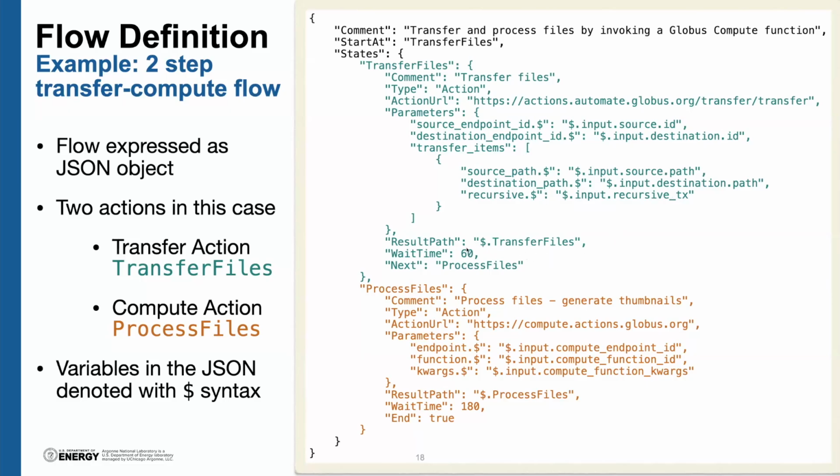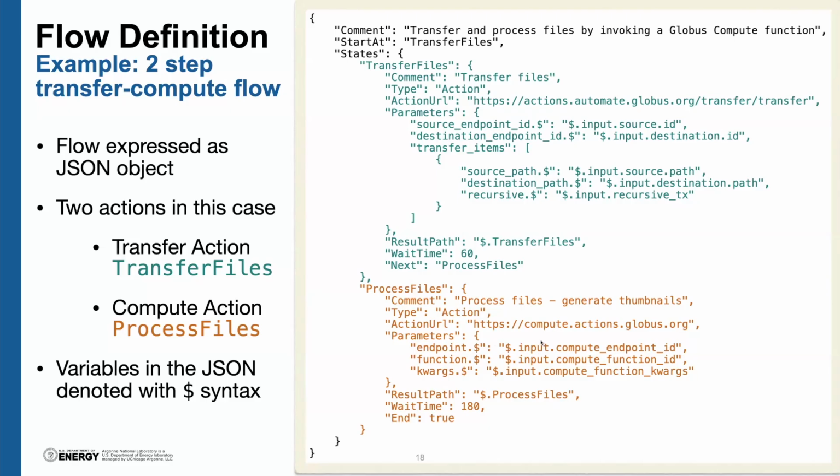The action then needs to know what next action it needs to move on to. And in this case, it's the compute action process files. This was a transfer action, and this is a compute action, so it has a different set of parameters. You need to give it the compute endpoint, a registered function ID for the function you're going to execute, and then the keyword arguments for that function.